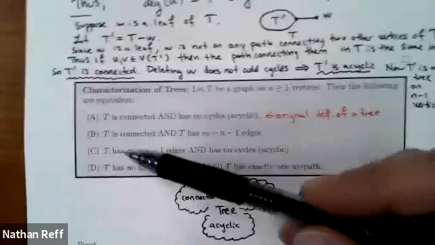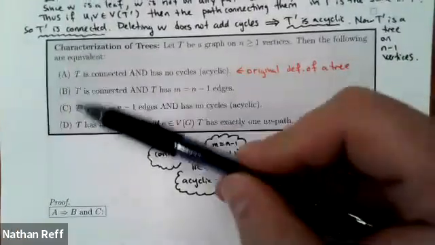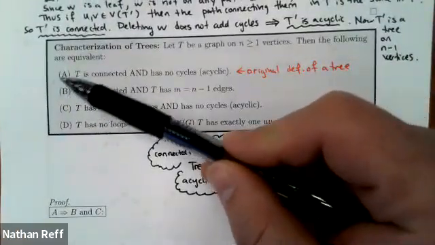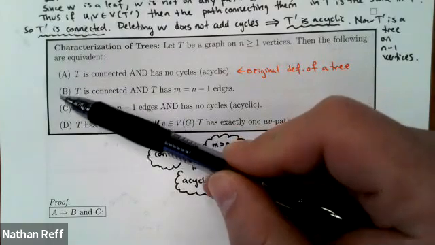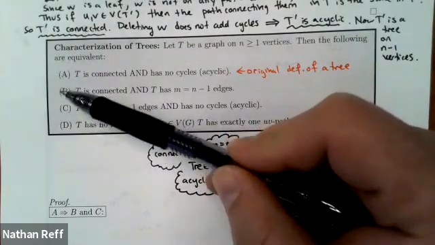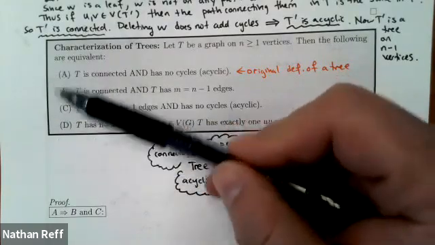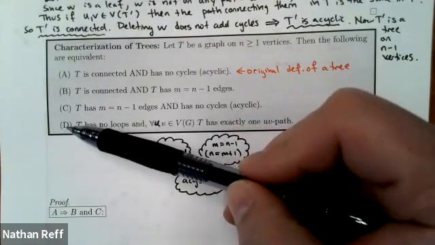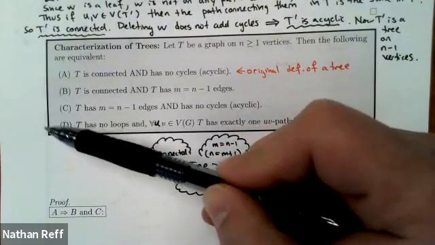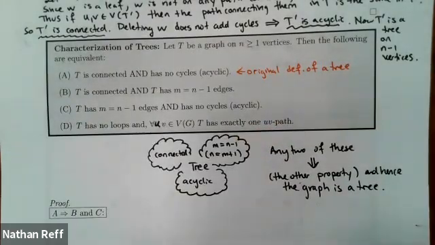So just going back here, what we're doing is this. We're going to show A implies these two. Then we're going to show B implies the other two, and then C implies these two. And then finally, we'll establish an if and only if with A and D, which will connect D with these other two. All right.